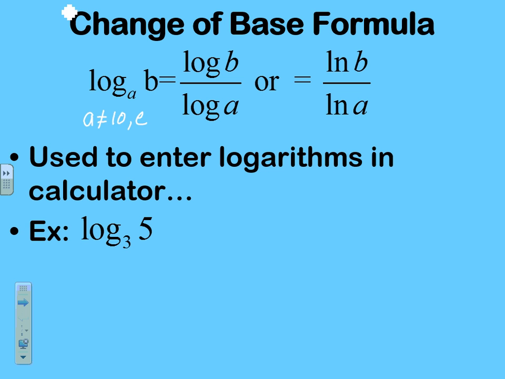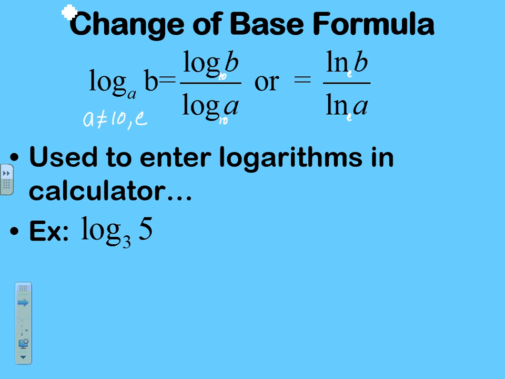So in order to evaluate it on the calculator, what we will do is write it as a ratio, saying log of B over the log of A. And these are base 10, which our calculator will do for us. And of course, the natural log, we could write it as that ratio also, and these are base e.